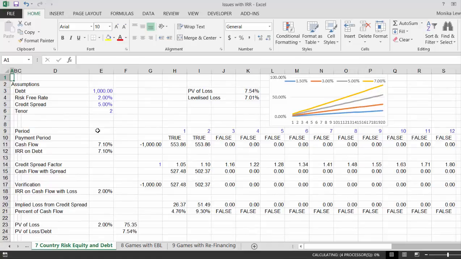Okay? I don't know what to say about this, but if you're having to pay those kind of credit spreads, you almost want some kind of other debt in there, really. Okay, enough of that one.